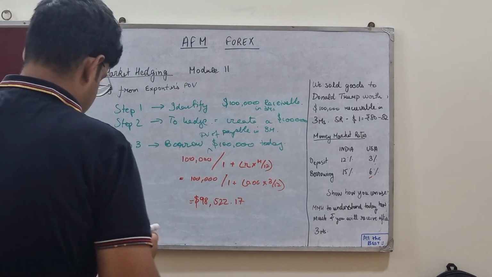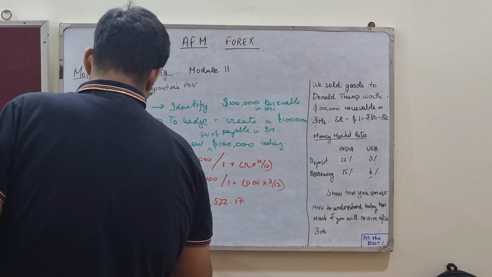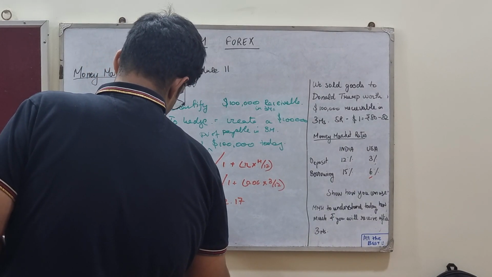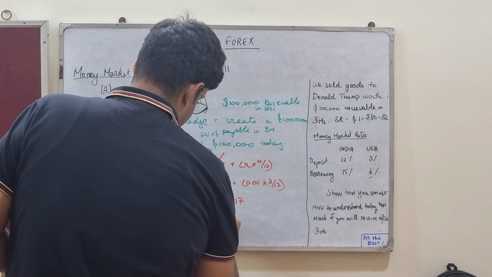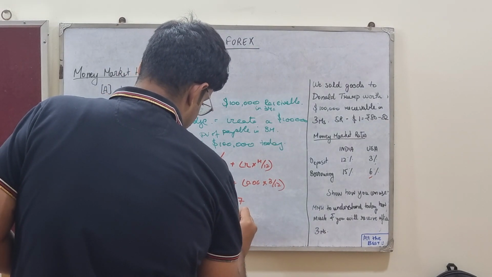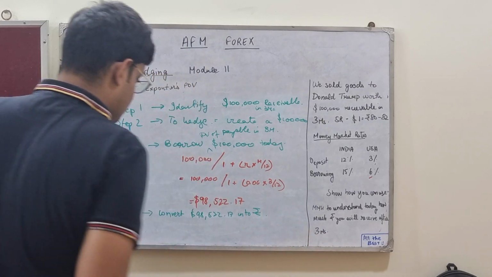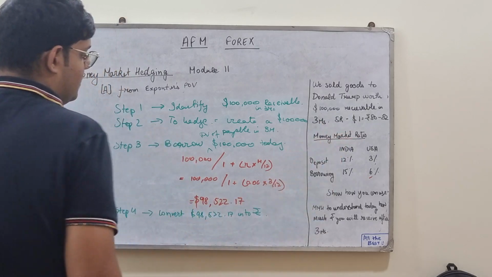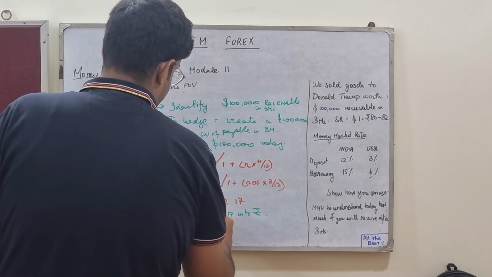Alright, so the next step after that would be step 4, which should be to convert $98,522.17 into rupees using the spot rate. The spot rate is 80 and 82. I have to use the bid rate, so into 80.